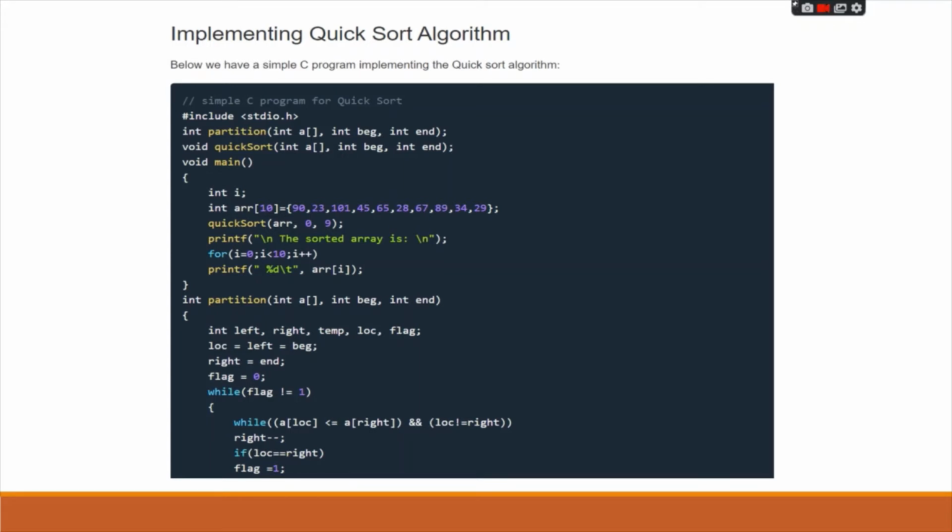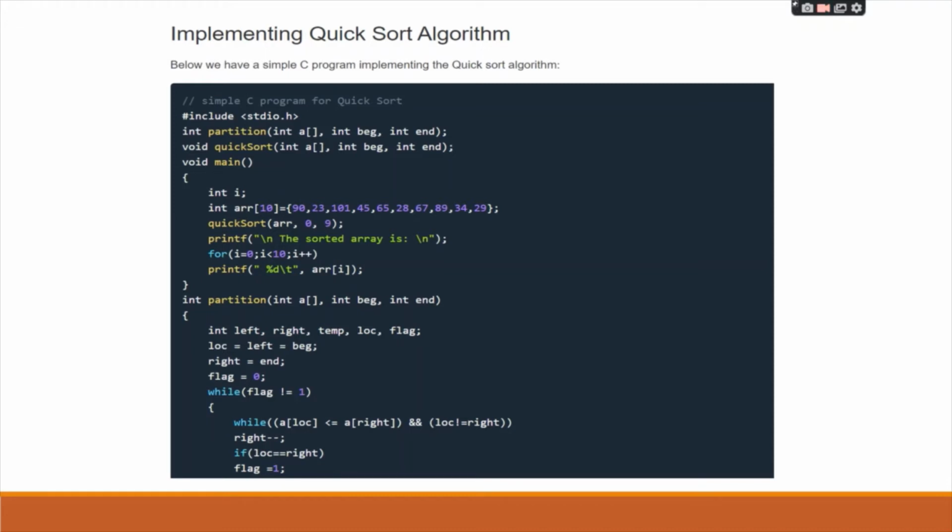So here we have set location equal to left equal to beginning, and right equal to end. As you do in the binary search program, that is left, right and mid, it's somewhat similar to quicksort. You can correlate both of them.